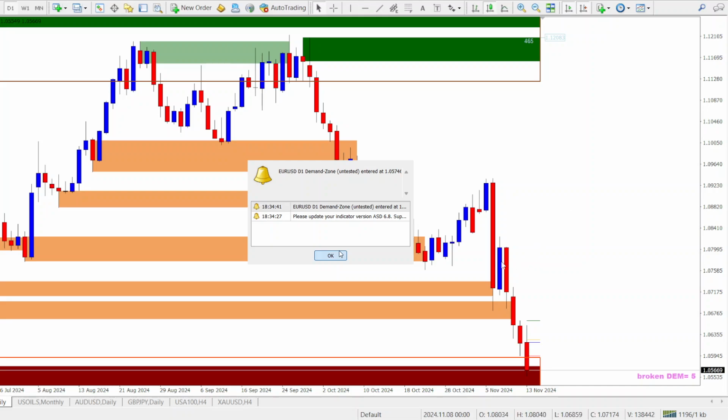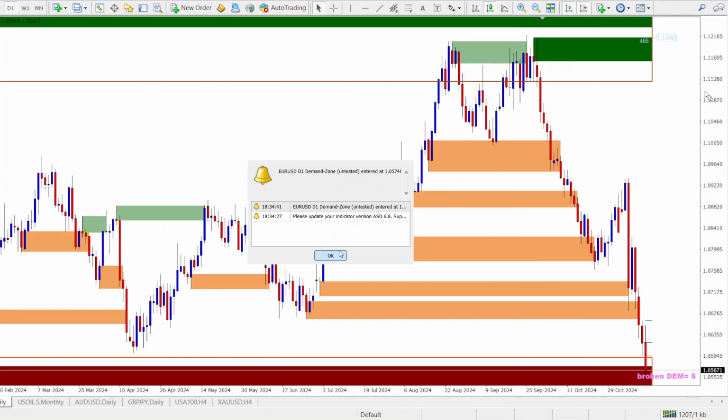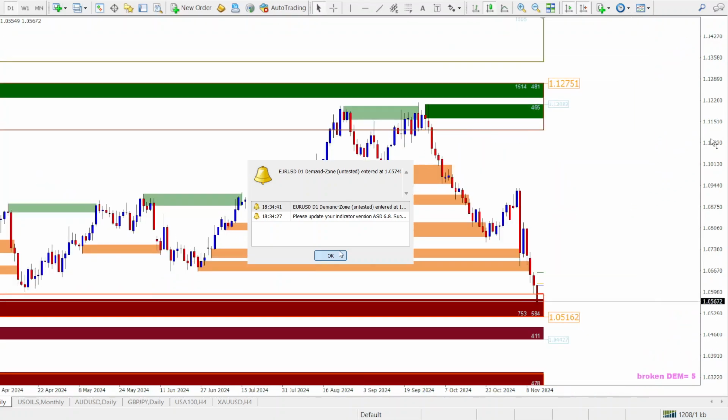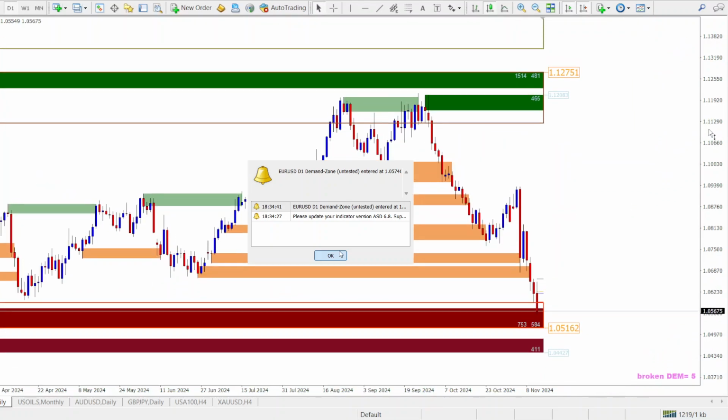All right. So as for the supply and demand zones, of course, a supply zone is a zone of significant interest where sellers get into the market and push the price down. So basically, supply zones are usually zones of resistance. There are zones on the chart where the price tends to reverse back downwards.